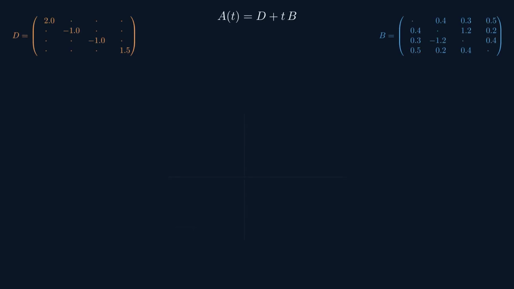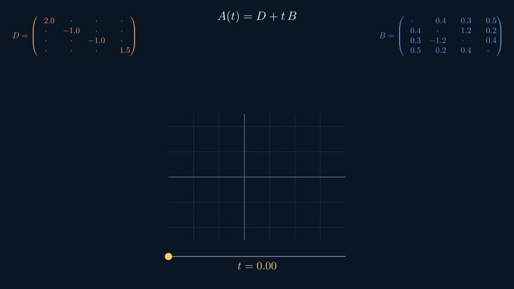That proof sits on a page. Let me show you what it looks like as a matrix actually moves. D is a diagonal matrix. B is the off-diagonal perturbation. We blend them through A of t equals D plus t times B. At t equals 0, the matrix is purely D. Off-diagonal contribution is 0. Each disk collapses to a point, and each eigenvalue sits exactly on a diagonal entry.